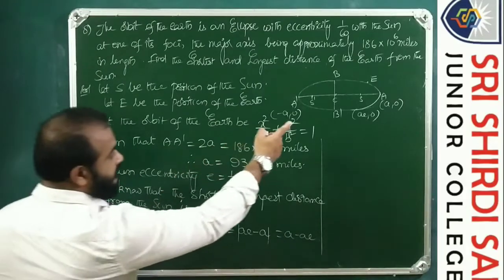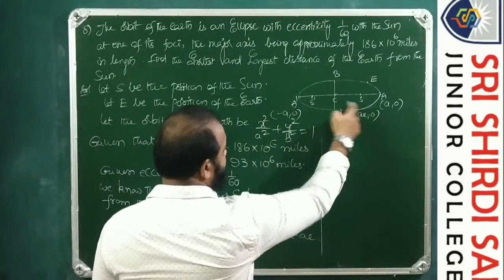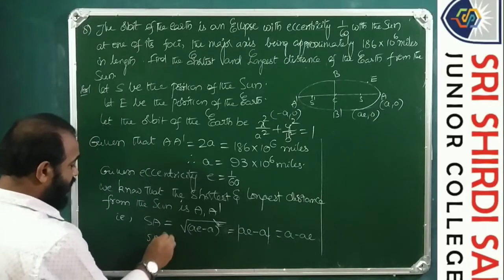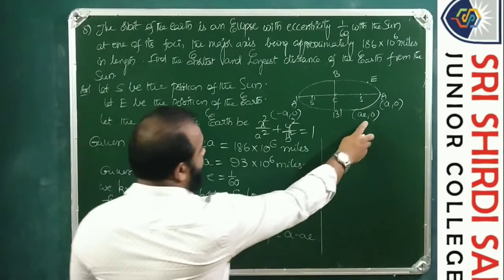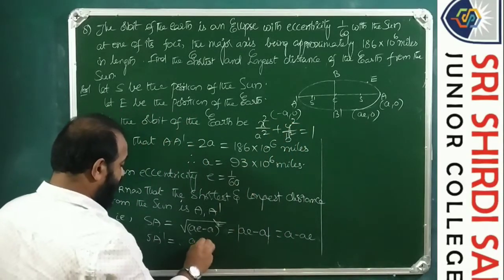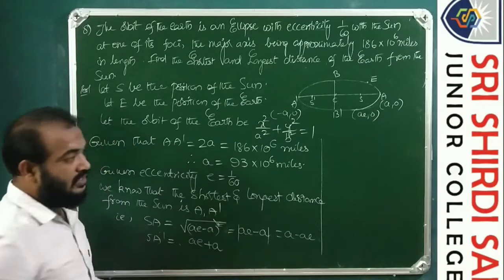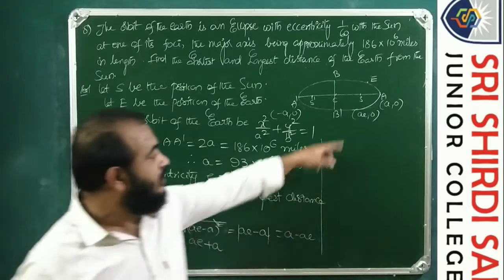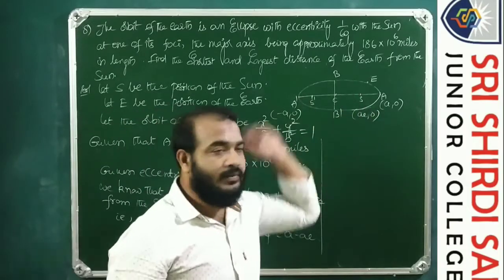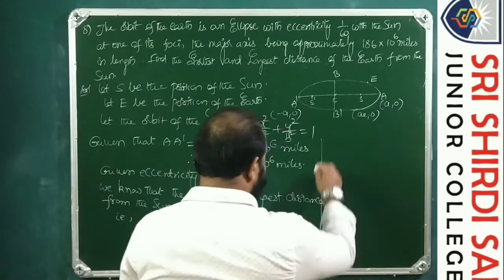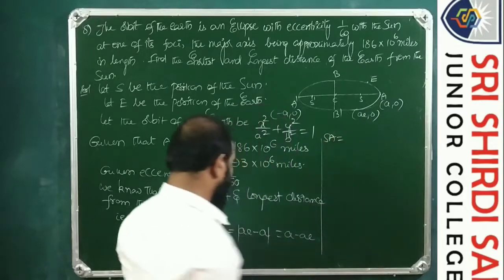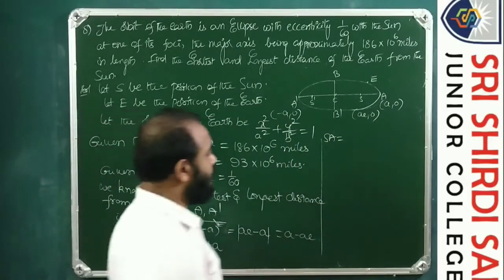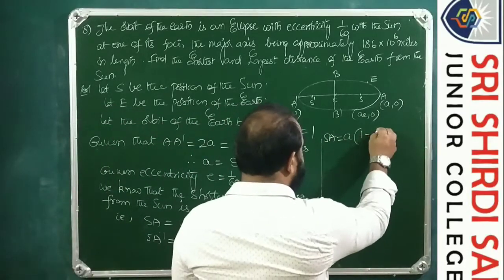And the longest distance from the sun is SA dash. SA dash is nothing but ae minus of minus a, so this will be ae plus a. These are the shortest as well as longest distances from the sun on this ellipse. Now SA, if you take a in common, is a into 1 minus e.